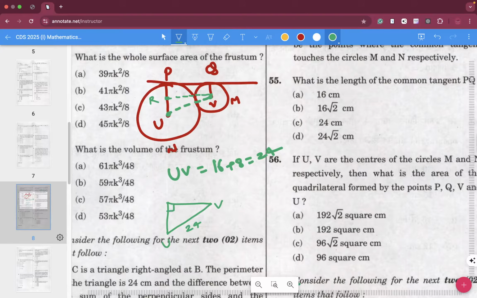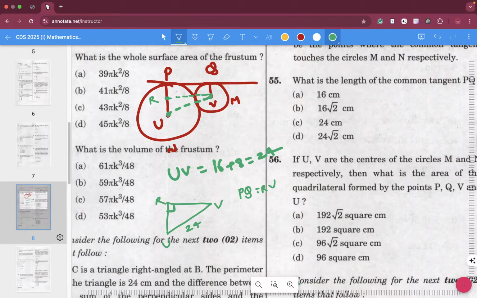Now this is 90 degree. Otherwise we can also say PQ is equal to RV, isn't it? PQ and RV are equal, right? So we just basically have to find out the value of RV.